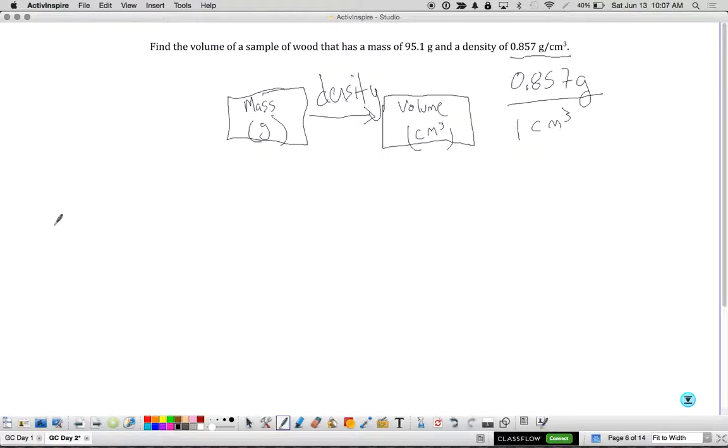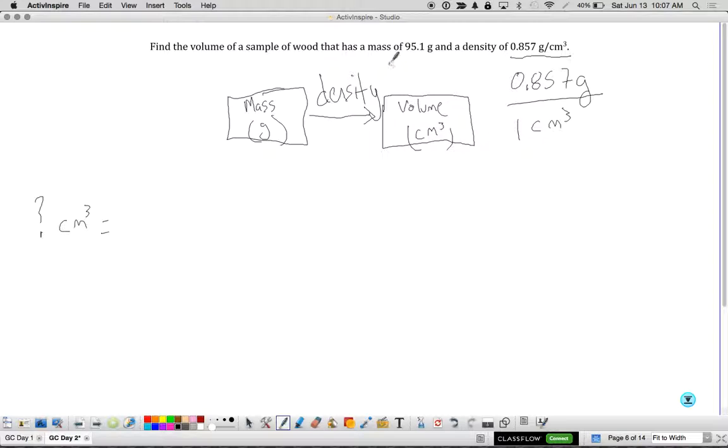I'll show you how to do it algebraically, but for this class, I'd like you to try to set it up as a dimensional analysis problem. So here we go. It's question mark centimeters cubed equals my given. Remember over and over again, don't start with a conversion factor unless you're looking for a conversion factor.